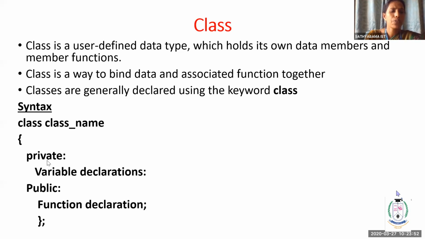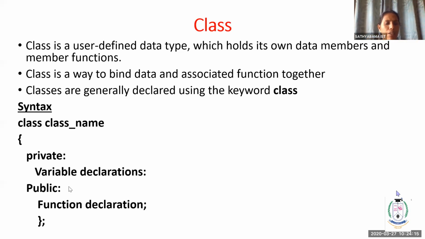Now it consists of private data members as well as public members. Inside the class, we have some variable declarations and also some function declarations. The variable declarations come under the private data members and the function declarations come under the public section.